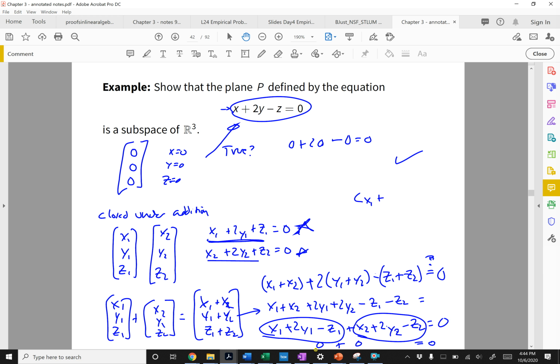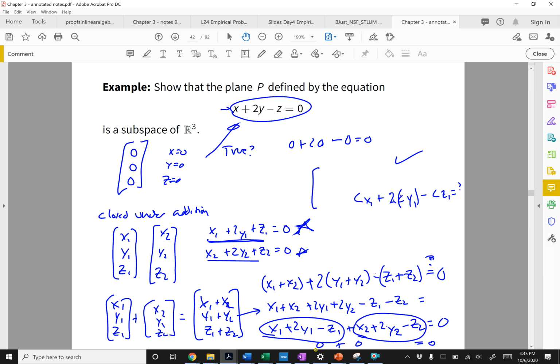There. Sorry about that. So cx1, cy1, plus 2c y1, minus c times z1. Does that equal 0?